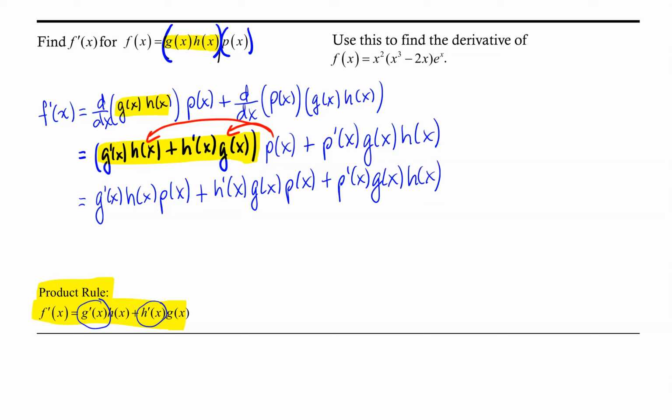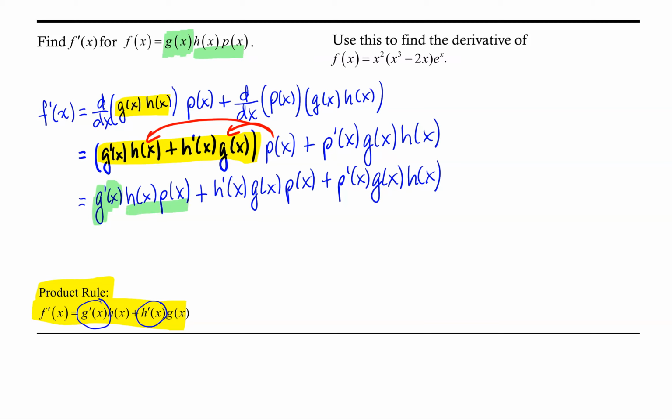And so what we should notice is, if we look back at our original function, we can see that in the first term of the derivative, we have the derivative of the first factor in that product, and the remaining two factors are left alone.